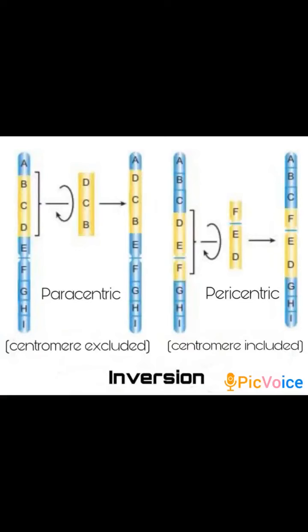This diagram shows you both types of inversions which take place in chromosomes. You see, on the left is paracentric inversion, when the centromere is outside the inverted portion, and on the right is pericentric inversion, when the centromere is included within the inverted portion.